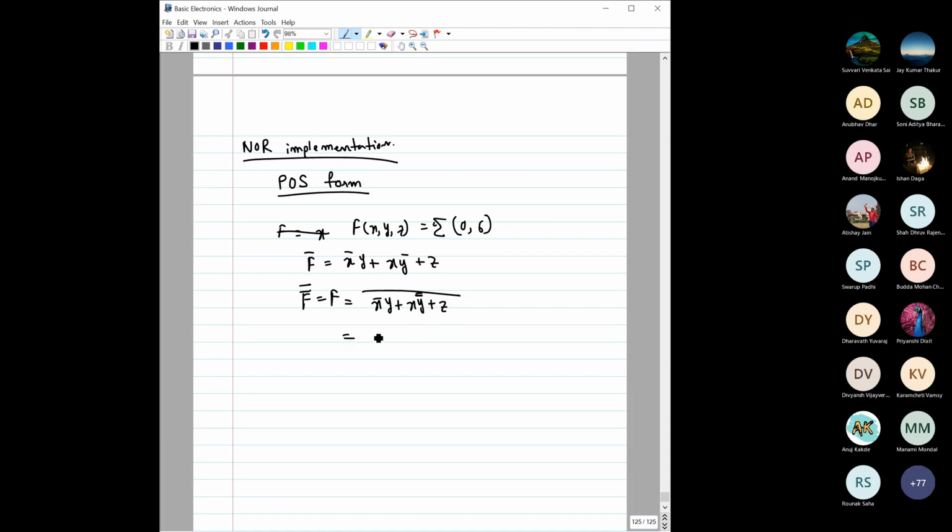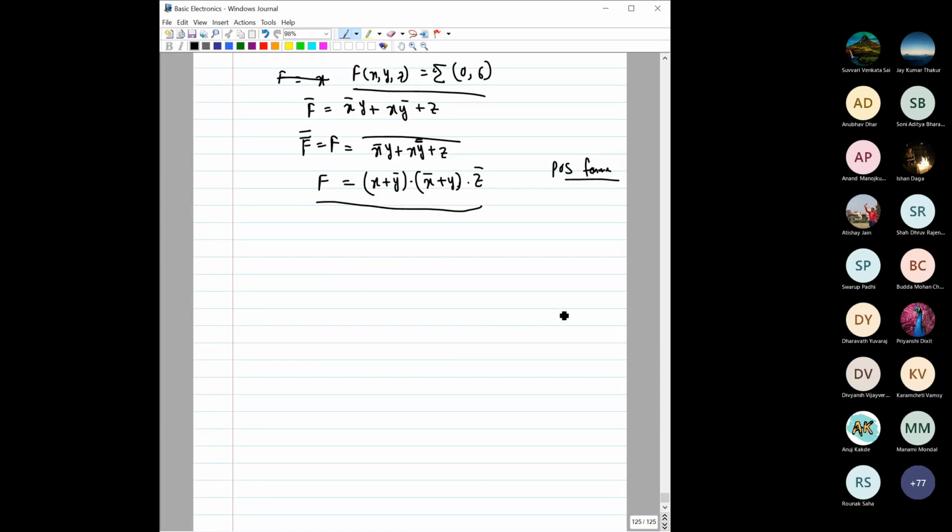So once you remove it, x becomes y bar, then by De Morgan's it is x bar y. So the same function can also be represented in this form, and this is basically POS form, right? So now you can directly use NOR gates to implement this.